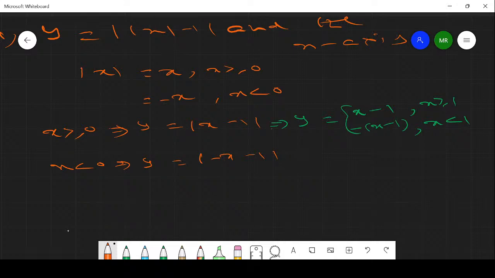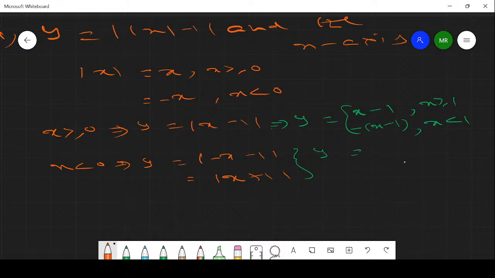This I can split now. Y is equal to mod of minus x minus 1, which is nothing but mod x plus 1. Correct? Mod x minus 1 is nothing but mod x plus 1. So y is equal to mod x plus 1.